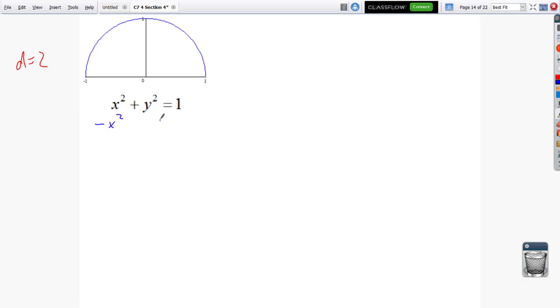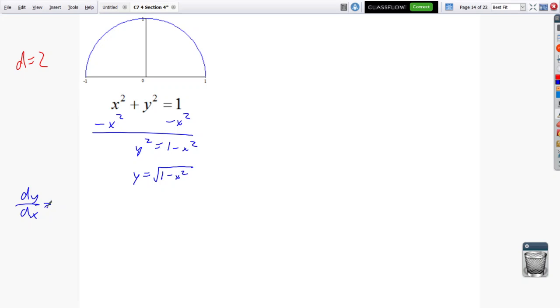Just subtracting x squared, I get y squared equals 1 minus x squared. Square rooting, we get y is equal to the square root of 1 minus x squared. Looking at the function, I can see that it is just the positive portion of this curve, so I'm only doing the positive portion. Now I do want to find dy/dx, which is a little bit more difficult in this situation because we're dealing with square roots.